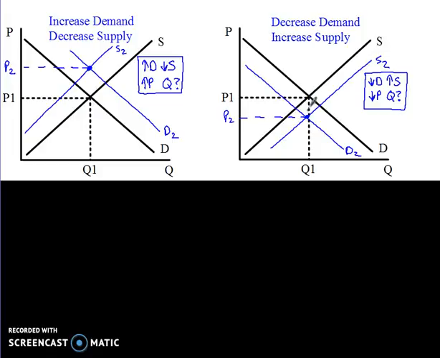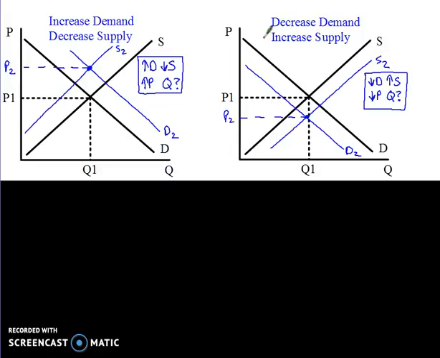You can see it definitely goes down here, decreased price. Over here you can see it definitely goes up, increased price. And then quantity is indeterminate. So that's what happens when the demand and supply curves shift in opposite directions. One increased and one decreased.